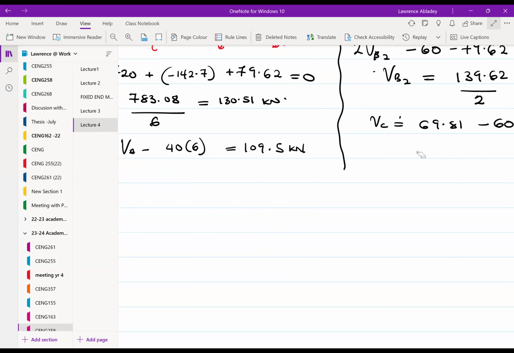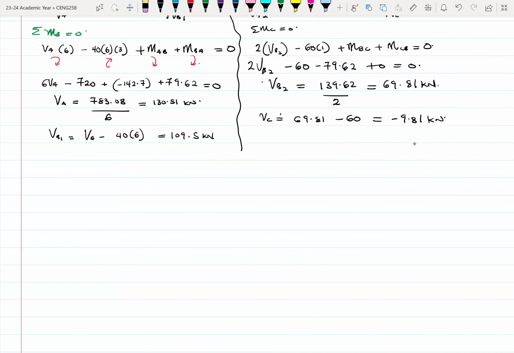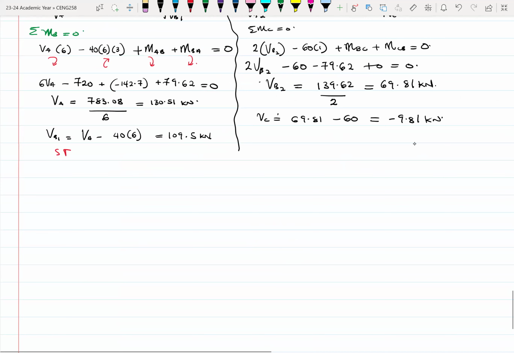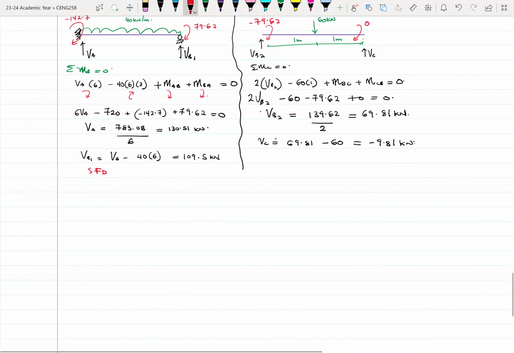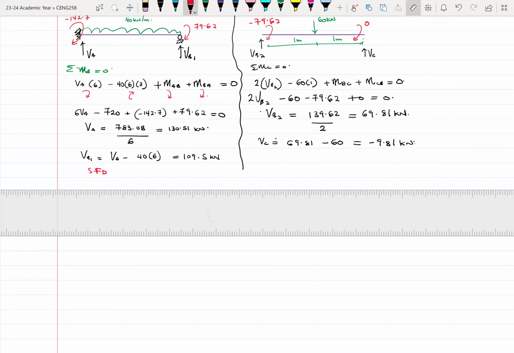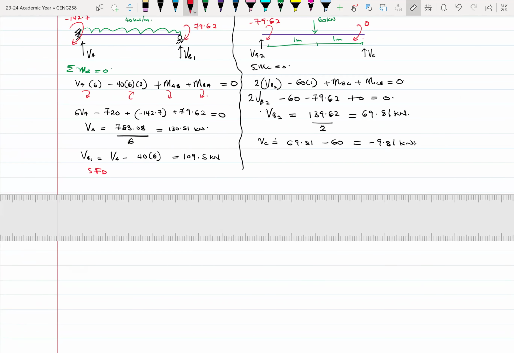Great. So let's look at the shear force diagram for this particular structure. Again, let me just bring you here. At this point, I'm going to assume that we know how to draw these things already.